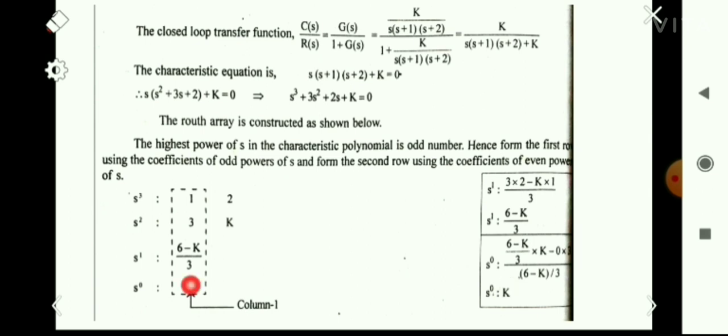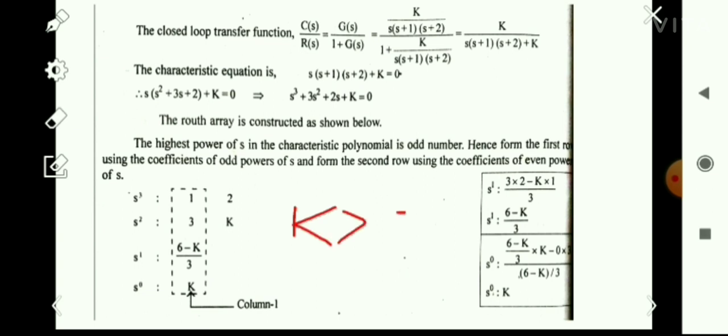And for the system to be stable, we know that there should not be any sign change in the first column. So we can choose the value of k so that the first column elements are positive. From the s raised to 0 row, for a system to be stable, the value of k should be greater than 0.